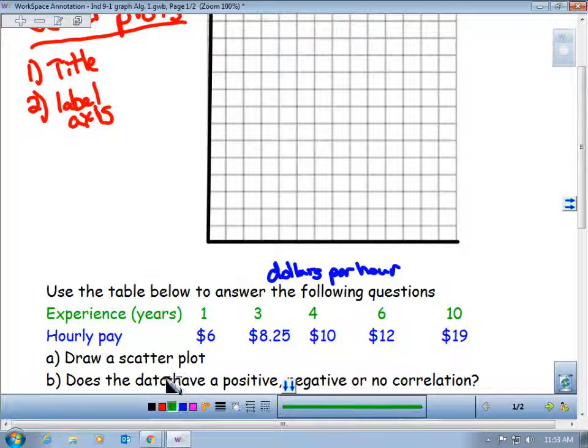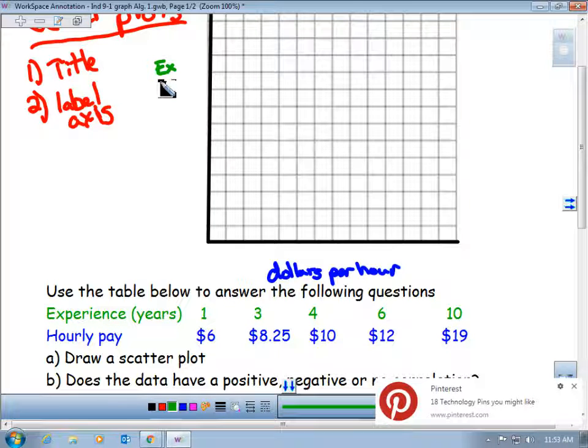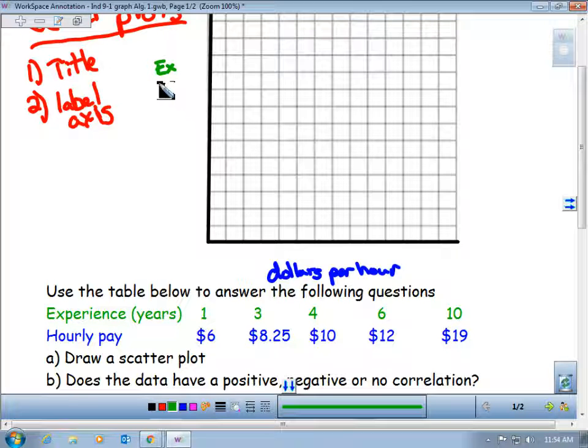And then the vertical axis, we'll call this experience. Not real great. And then we're also going to put that it's talking about in years. So to me the second important thing is that you label both your axes.